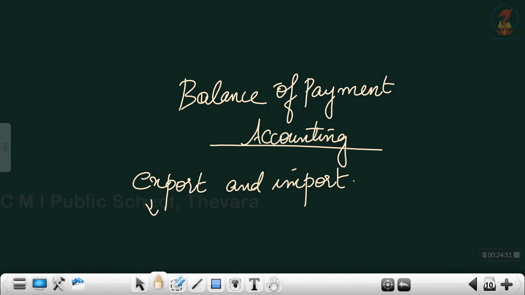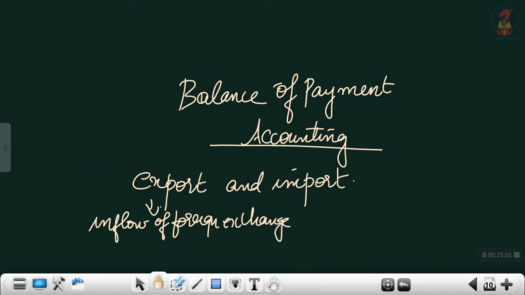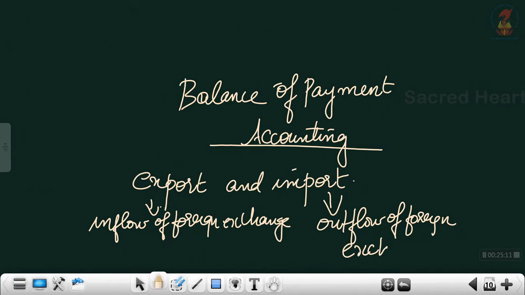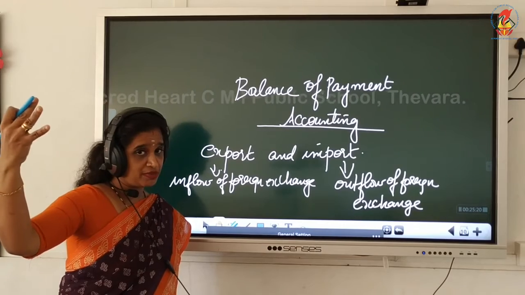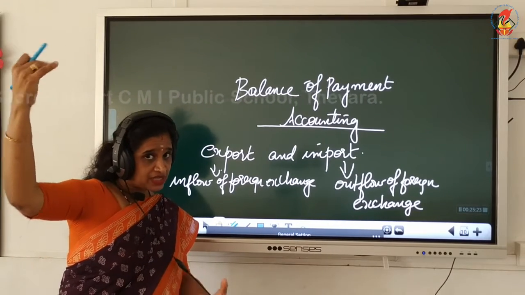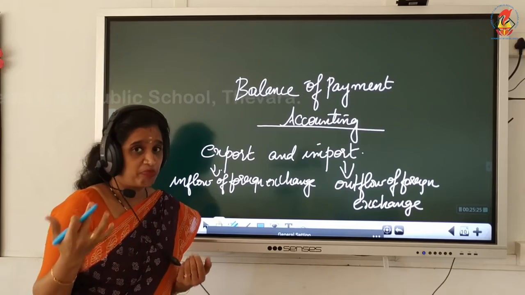Through export, what is happening? There is inflow of foreign exchange. And through import, what is happening? Outflow of foreign exchange. That means our money is flowing outside. We are purchasing goods from other countries, and for that we are paying.